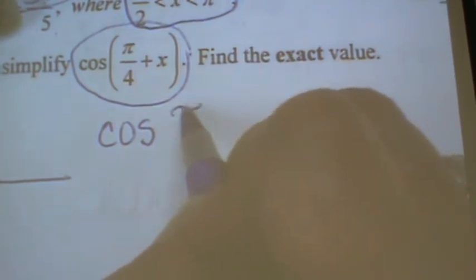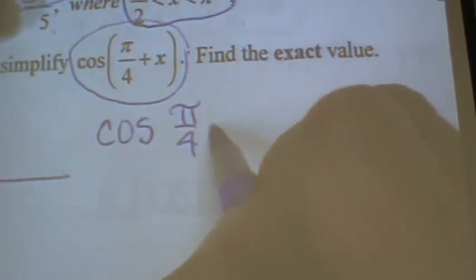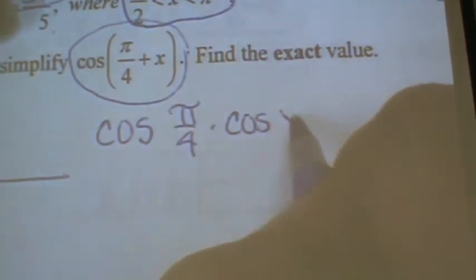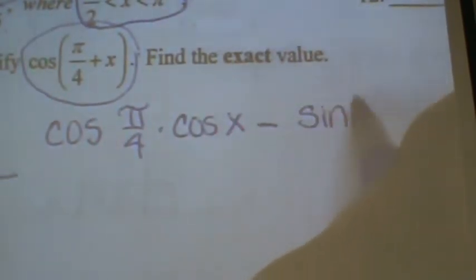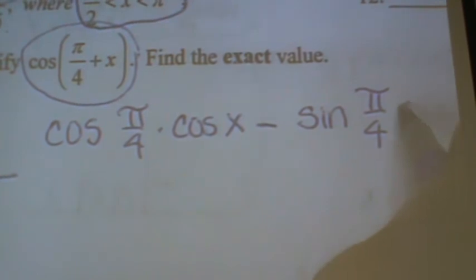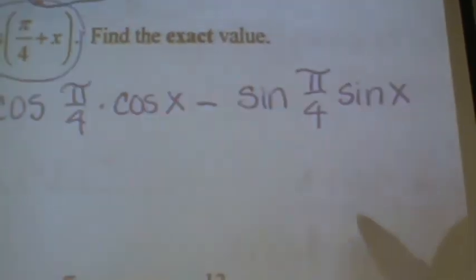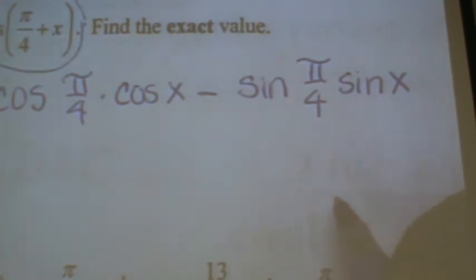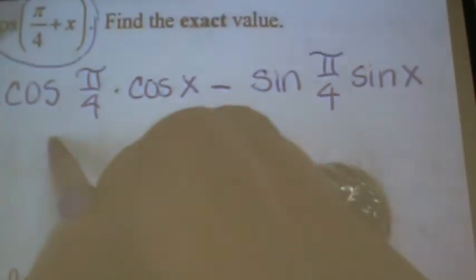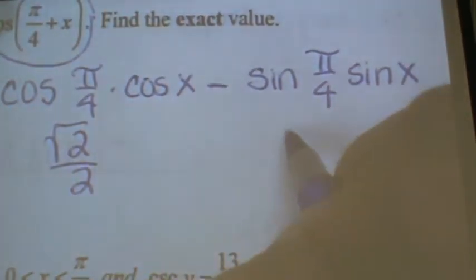So can you tell me how to expand this identity? It's the cosine of the first angle times the cosine of the second angle, opposite sign, sine of the first angle, sine of the second angle. Well, when I say cosine of pi over 4 and sine of pi over 4, what am I referring to? Root 2 over 2. 45-degree triangle.